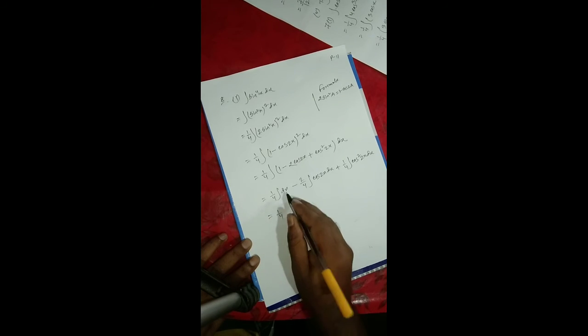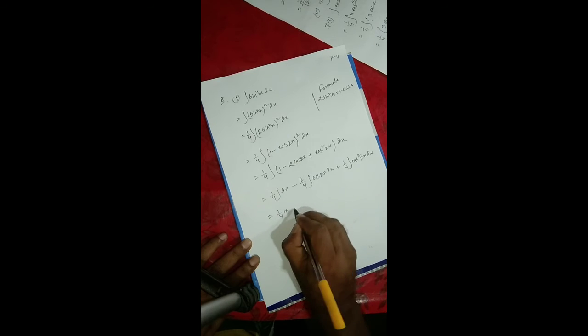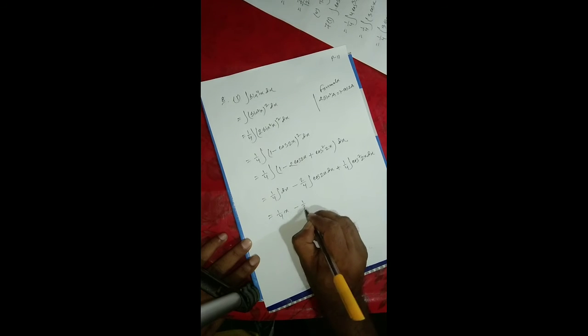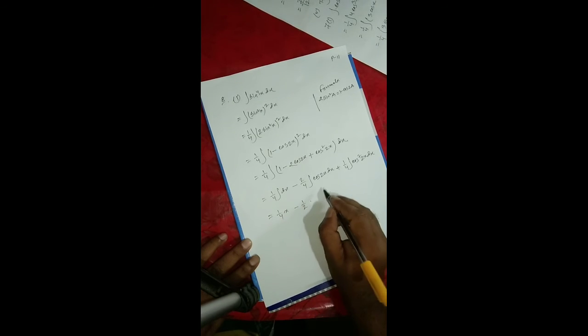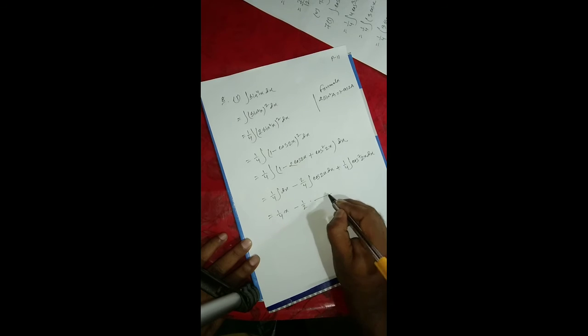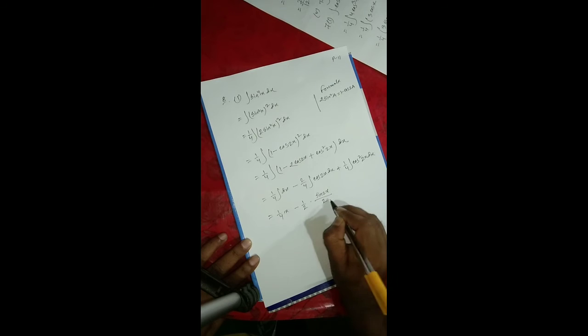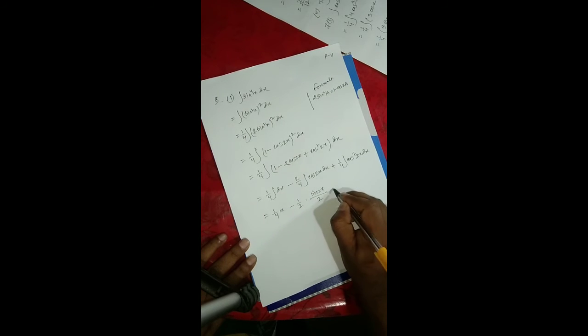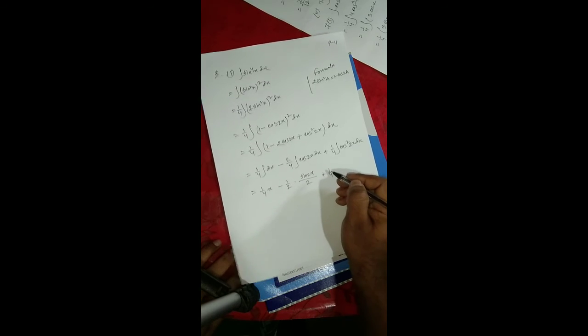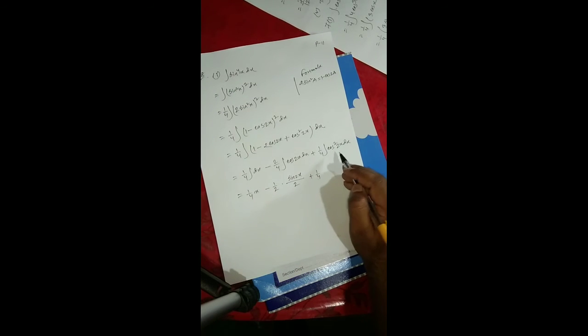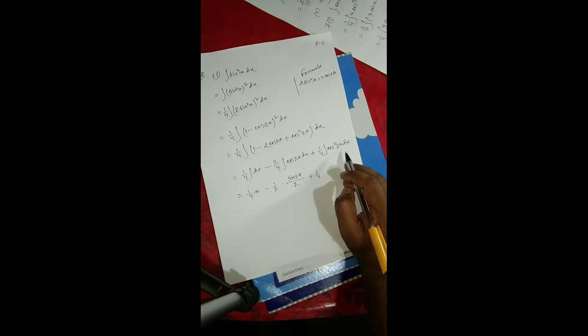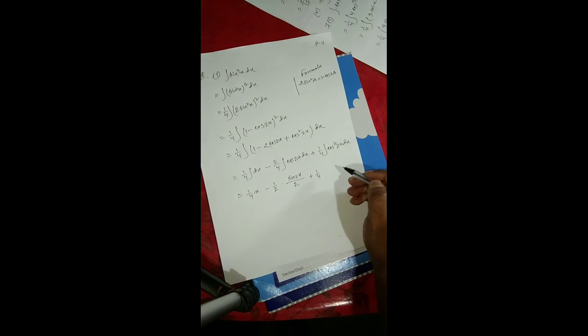Now 1 by 4 integration of dx, that means x, minus 1 by 2 into integration of cos 2x, sin 2x by 2, plus 1 by 4. Again the formula of cos square a.